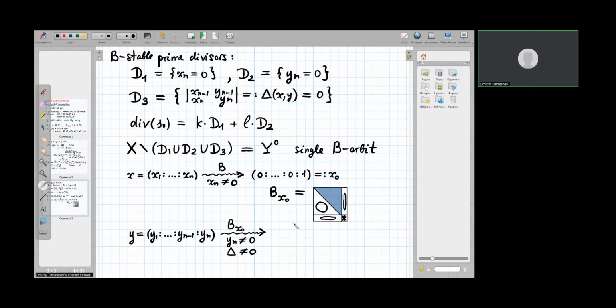Now it is easy to see that, first of all, the first n minus 1 coordinates can be put to a similar form by the action of this block of size n minus 1 by n minus 1, and this will not destroy the first n minus 1 components in here.